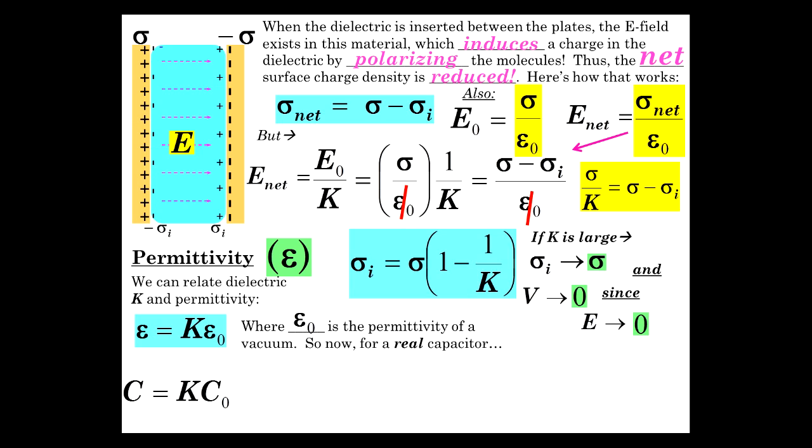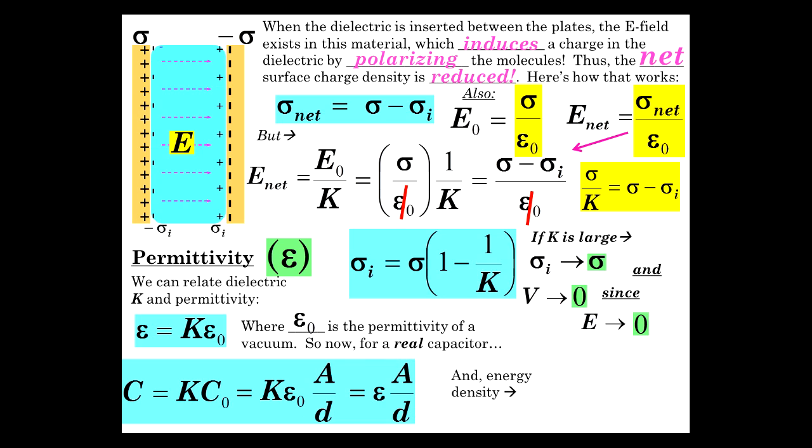The capacitance then is KC0. That's K epsilon 0 A over D, the geometric definition of capacitance. And so K epsilon 0 is just epsilon. So the capacitor with the dielectric is epsilon A over D. There it is. Those are the relationships.